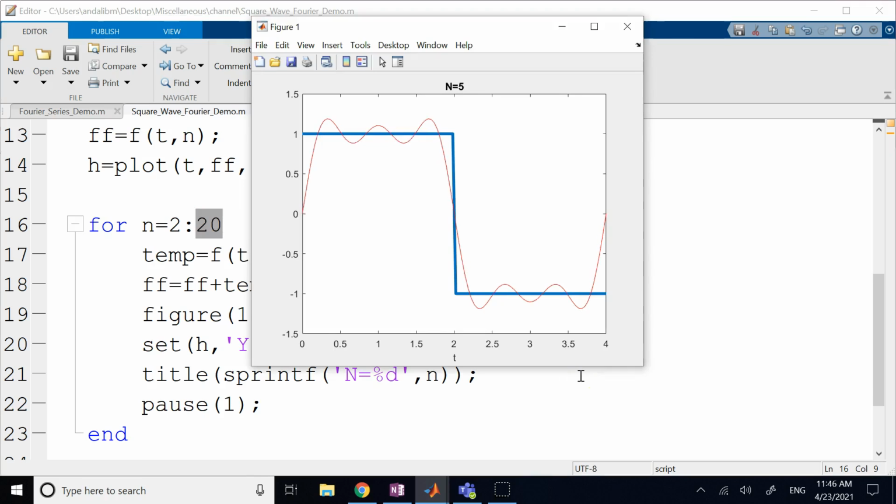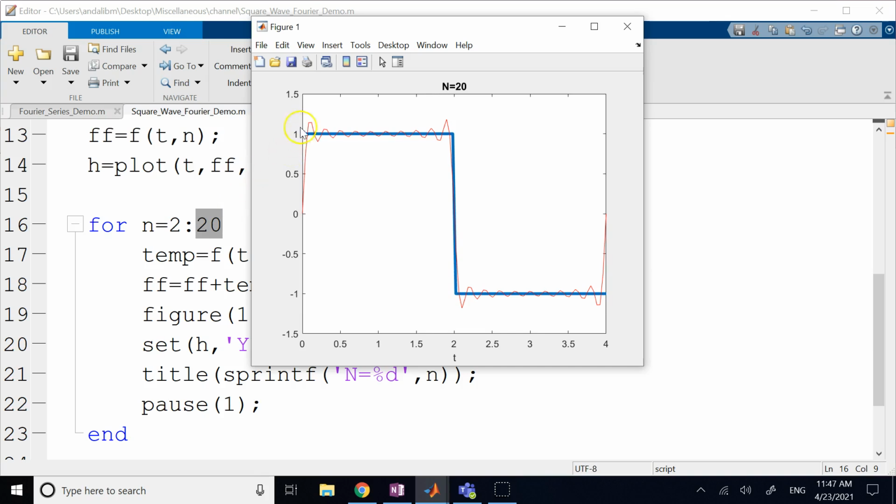So the blue thick curve is the underlying function, and you see here I'm changing the total number of terms I'm using from 1 all the way to 20. And you see, as I'm using more and more terms, the total approximated function is getting way closer to this square wave, correct?